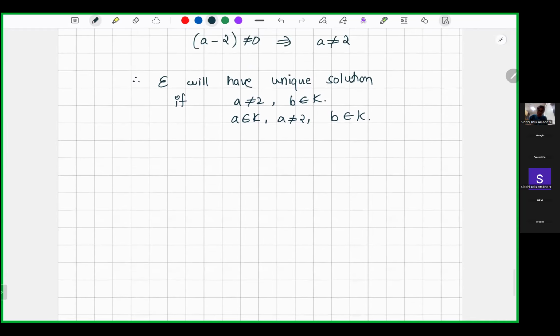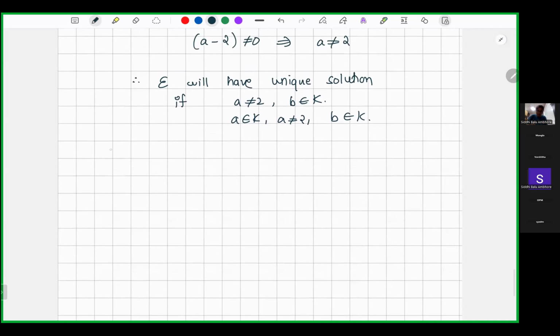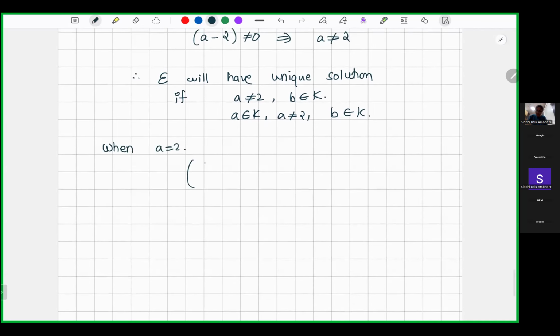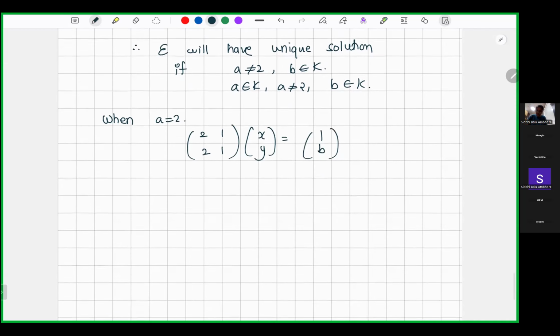Now when A is equal to 2, the system becomes the matrix 2, 1, 2, 1 times x, y, equal to 1, b. So this is 2x plus y equal to 1, and 2x plus y equal to b.